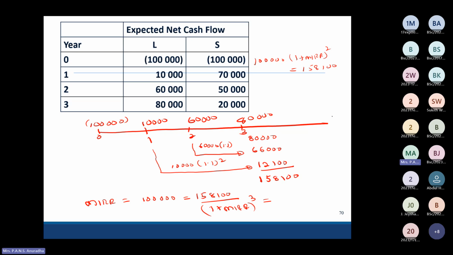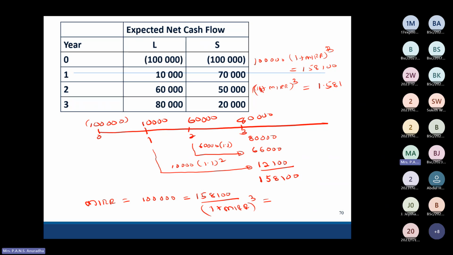So then it will make 1 plus MIRR to the power, not 2, this is 3, is equal to 1.581.